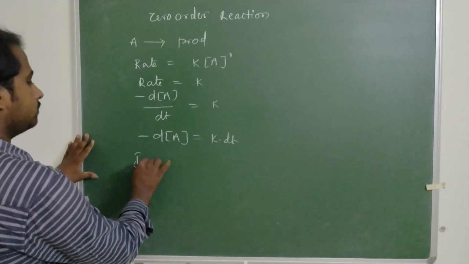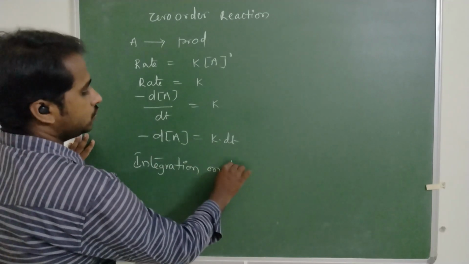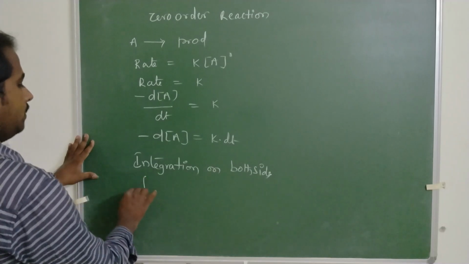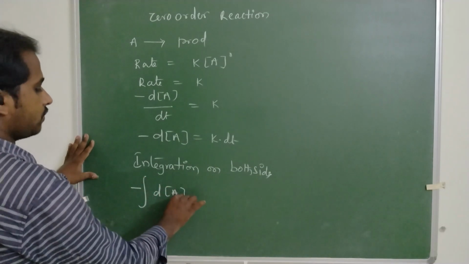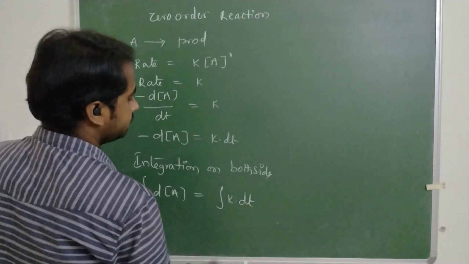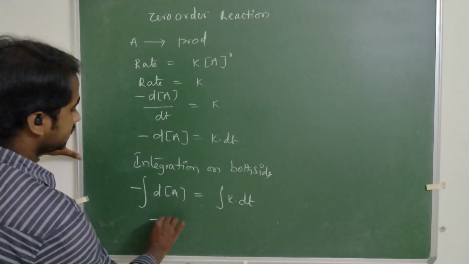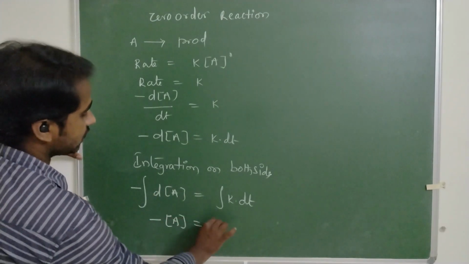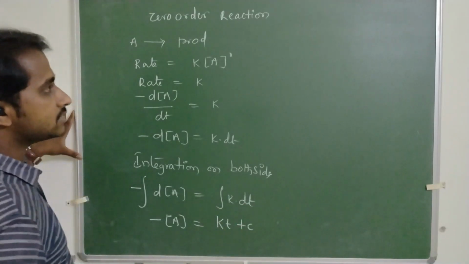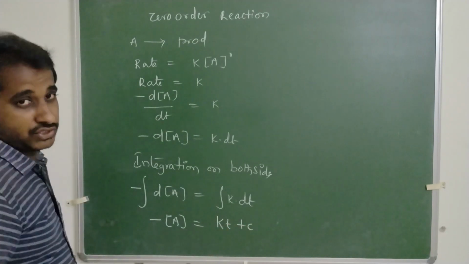Integration on both sides. We'll get minus integral of d[A] is equal to K integral of dt. Here integration and differentiation both get cancelled, so minus A is equal to Kt plus C, where C is the integration constant.